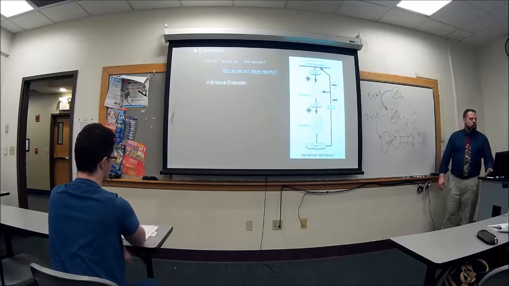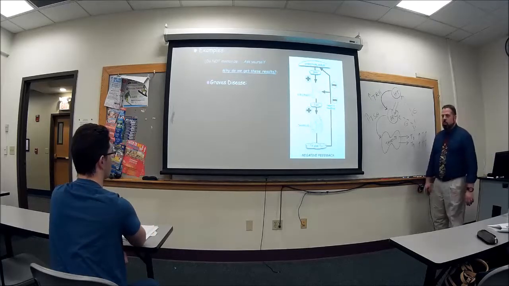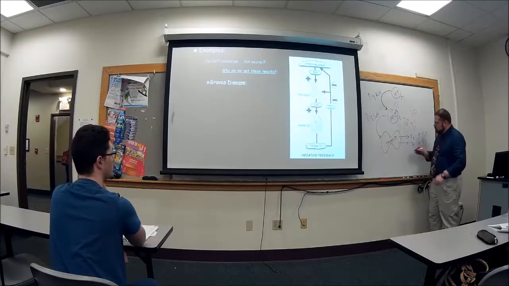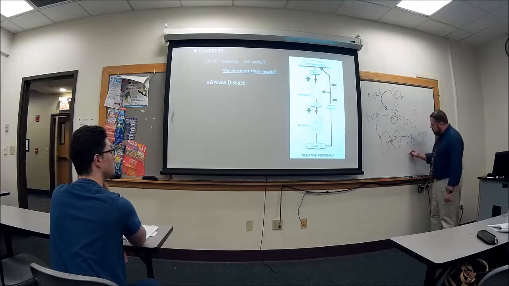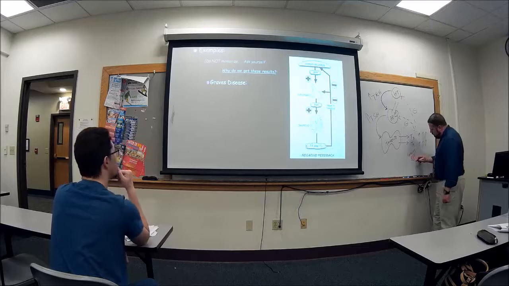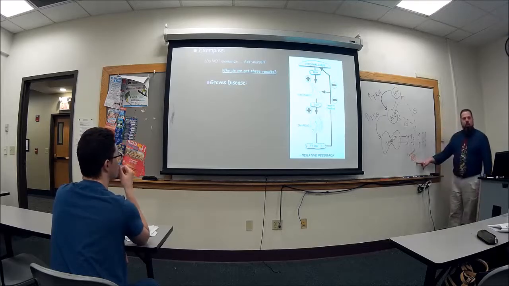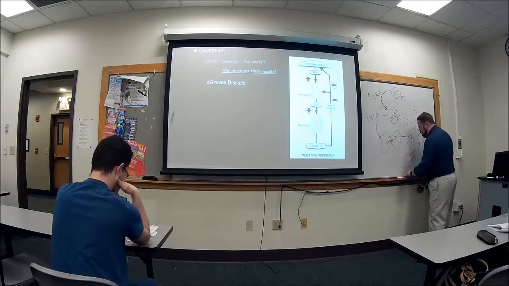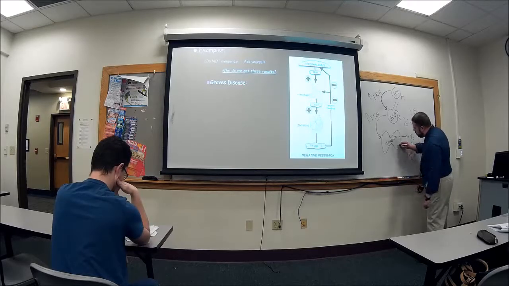Okay, so let's talk about Graves' disease. Okay? In Graves' disease, remember what's happening. We have this autoantibody that can fit right into here, and it looks like TSH, but it's not.